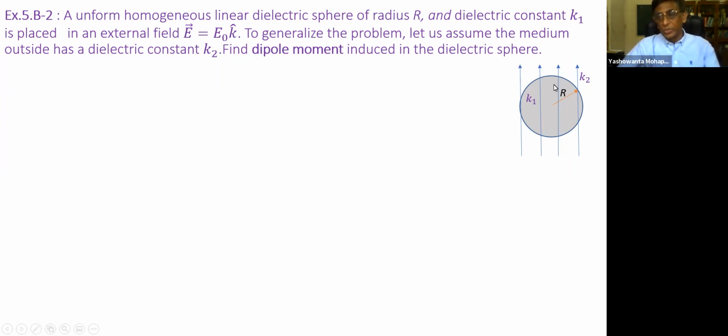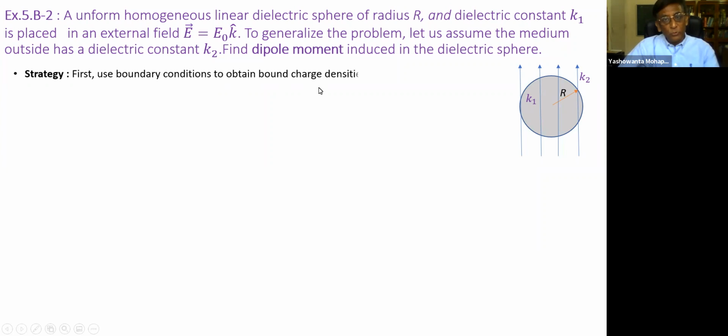This is a linear homogeneous dielectric sphere. It's a very instructive problem on the use of boundary conditions. Now the strategy is first to use boundary conditions to obtain bound charge densities and use them to find E and P. In many problems you have seen, I have done the other way around, that is, find somehow D, then go to E and then go to P. There is no D here.